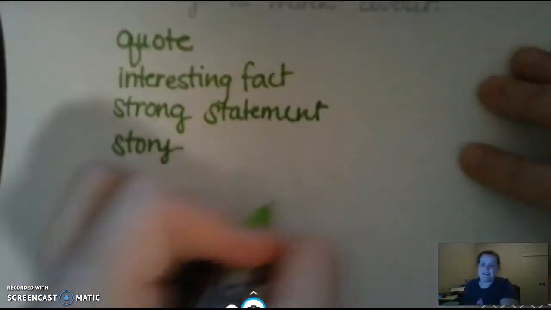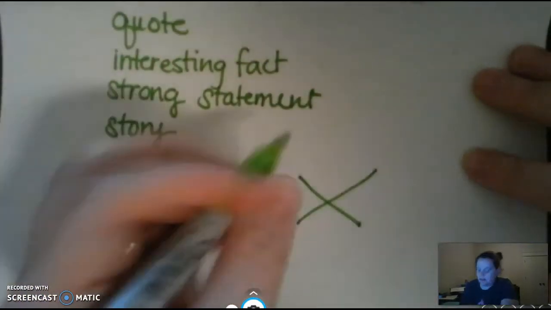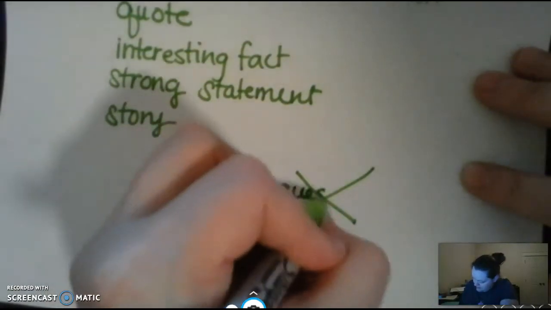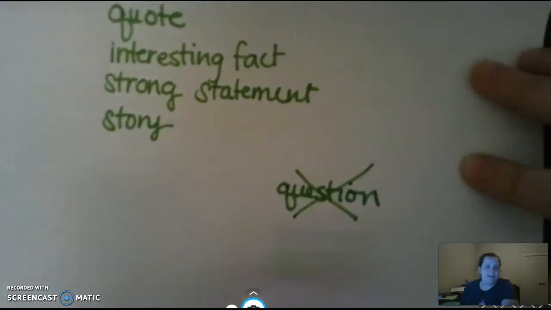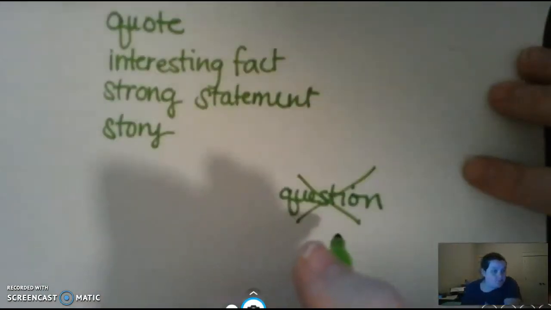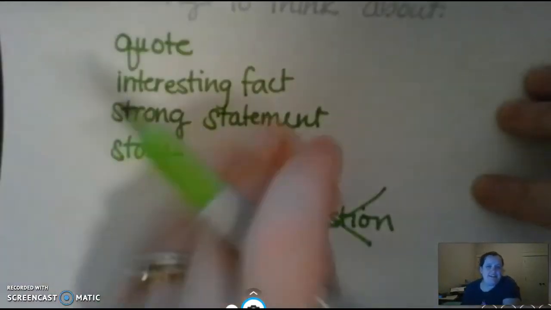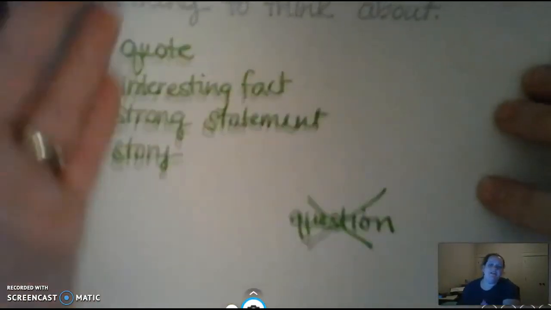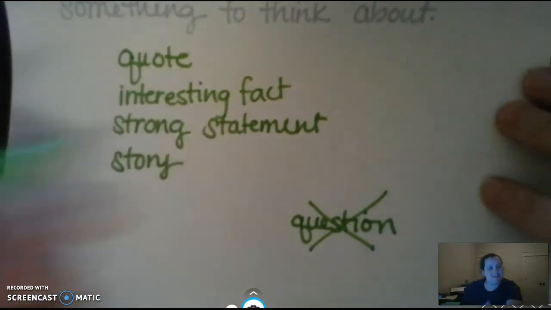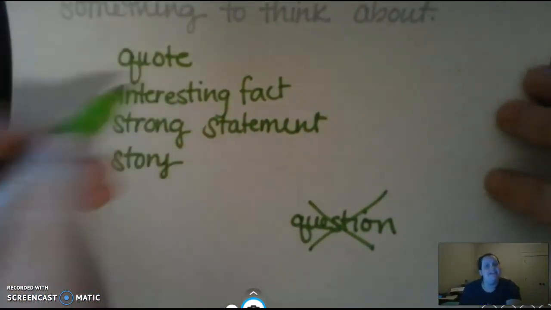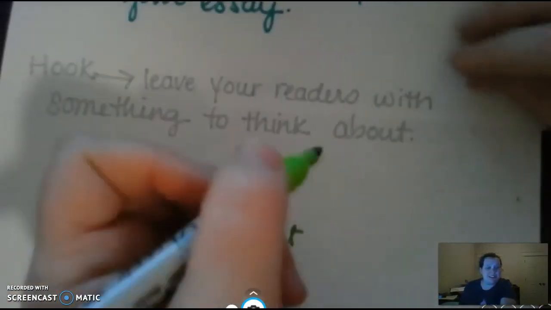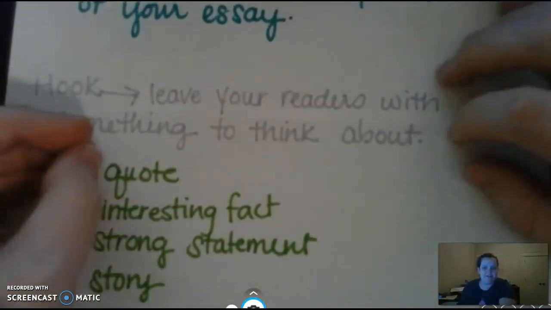I would not end in a question, okay? It's just not the best way, and you're supposed to have in a research paper answered all of the questions by the end. Okay, so really think about what you want that hook to be and make sure it is not the same as the one at the introduction.